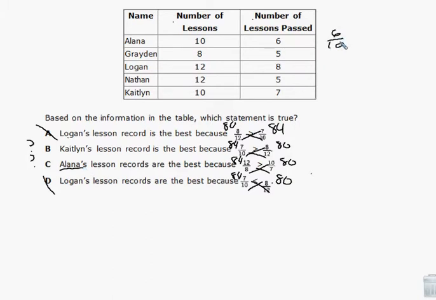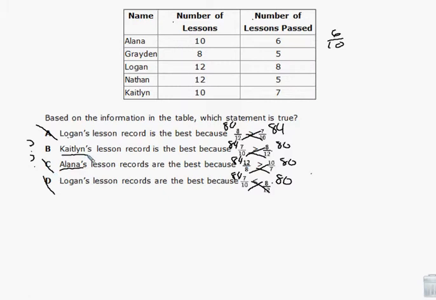She got 6/10 of her lessons passed. So none of those fractions are compared, and what they did on those, they pretty much inverted and made an improper fraction. And these fractions right here actually do not represent anything on this table. So we can do away with that answer choice right there. It's not C. That only leaves B.